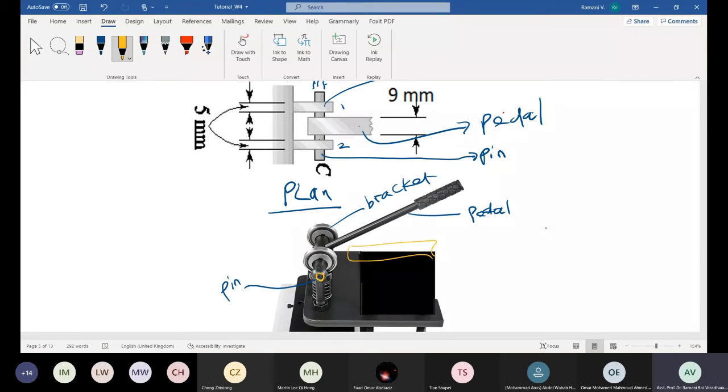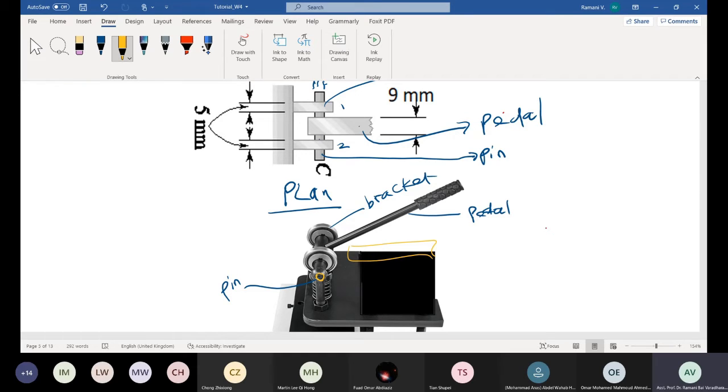Lastly, I repeat once again. The pin has to shear along this diameter or rotate, so that it can cut the object. It helps to cut the object. And the bracket, or we can call this a pad, sometimes it's called just a pad.